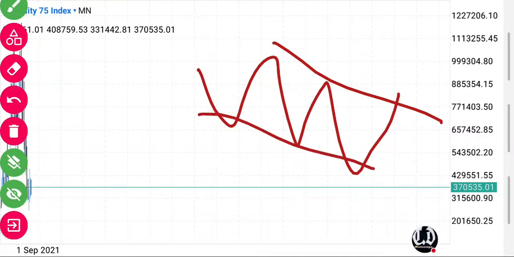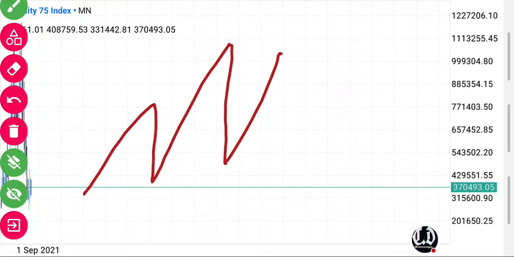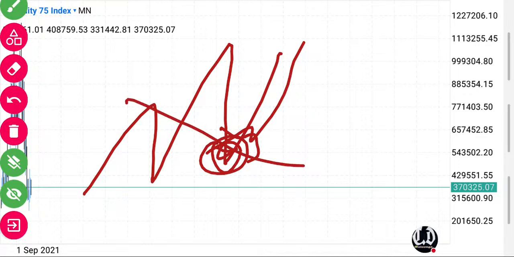So we know it always happens in the market, but the problem comes from here. As you know, the market making the high highs, high lows, the problem is how to identify this low so that you can take your entry. Are you getting the point? That is where the problem comes.